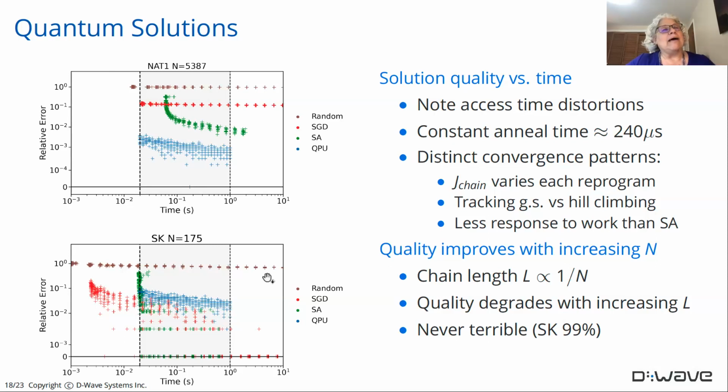We already have experience, and other reasons to believe, that if you have problems with longer chains, the process of minor embedding the problem and then unmapping it back, even though you could be getting excellent relative errors with respect to ground state in the physical problem, you lose some of that quality when you map the problems back to the original problem space.